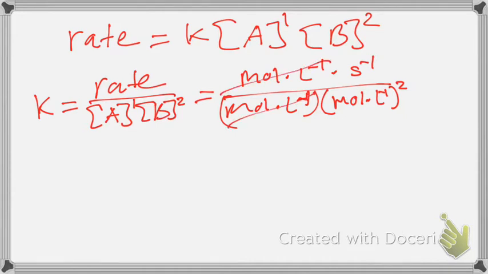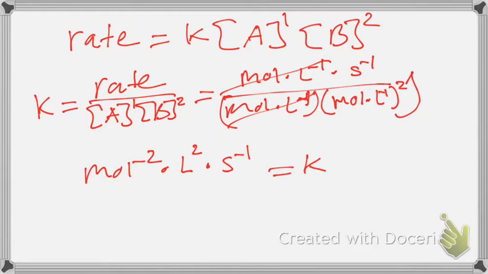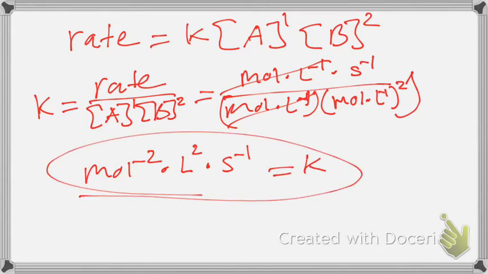Well, we get rid of those units. We do the reciprocal of the bottom unit, and we should get units of moles minus 2 liters squared per second. And that would be the units of k for a third order reaction. Really strange units, I understand that. But nevertheless, those are the correct units for our third order reaction. So again, we derived those.